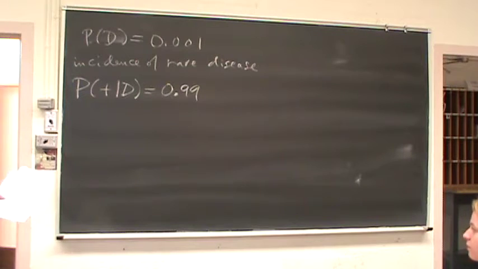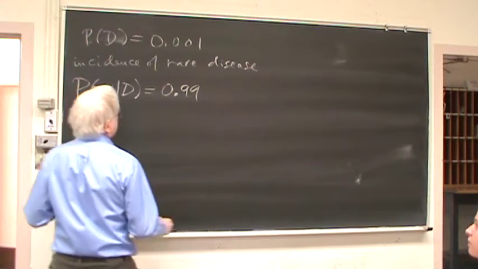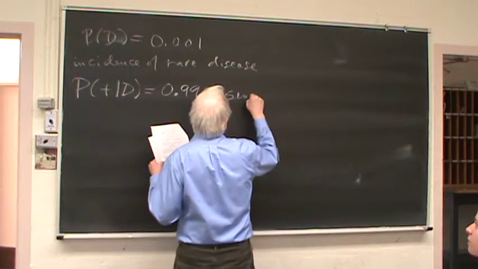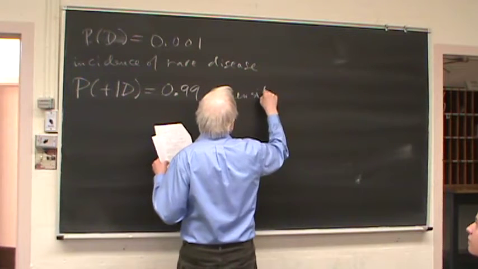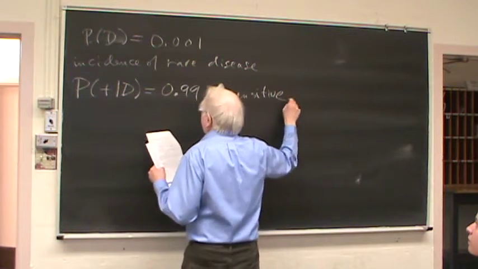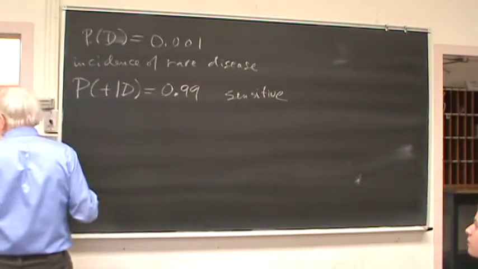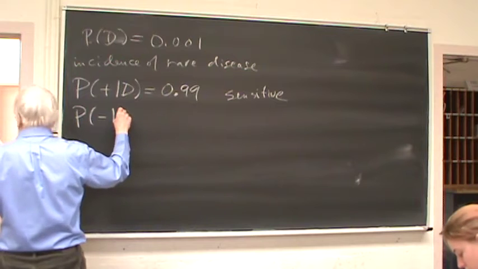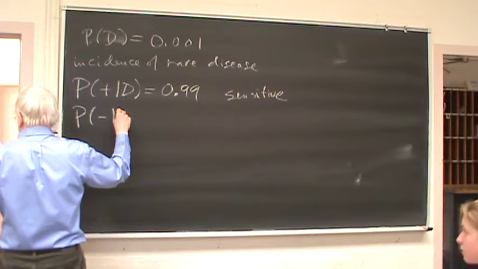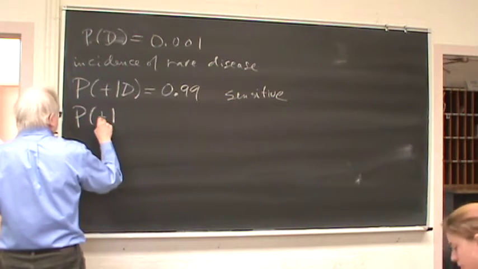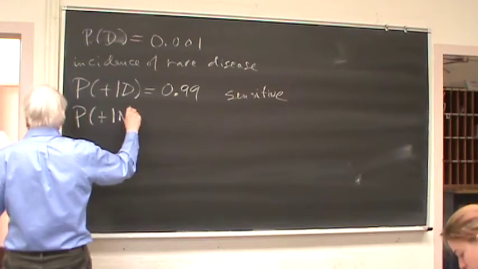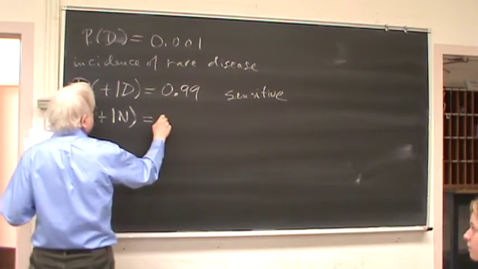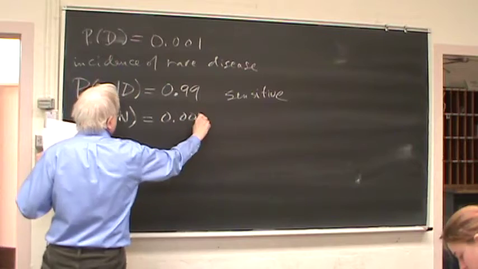And suppose it's also highly selective. So this is sensitive. And it's also selective in that the probability of a positive result, given that the person doesn't have the disease, is 0.005.